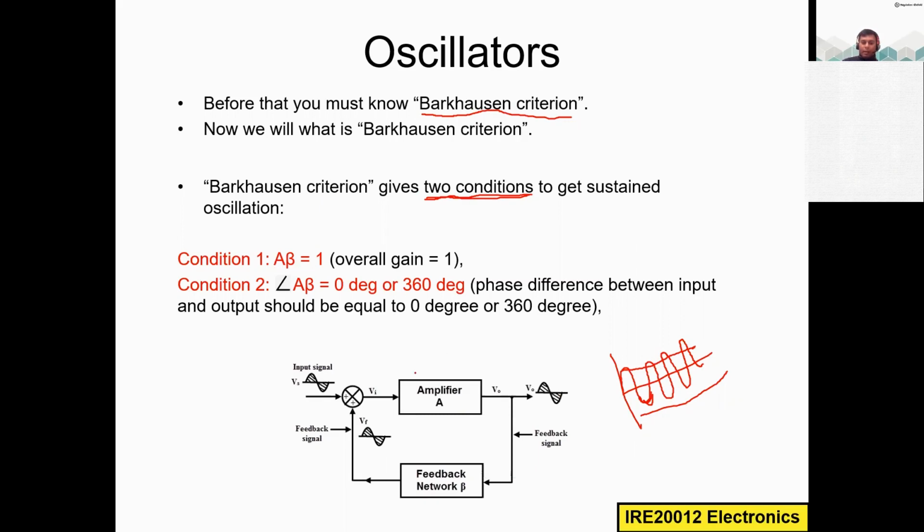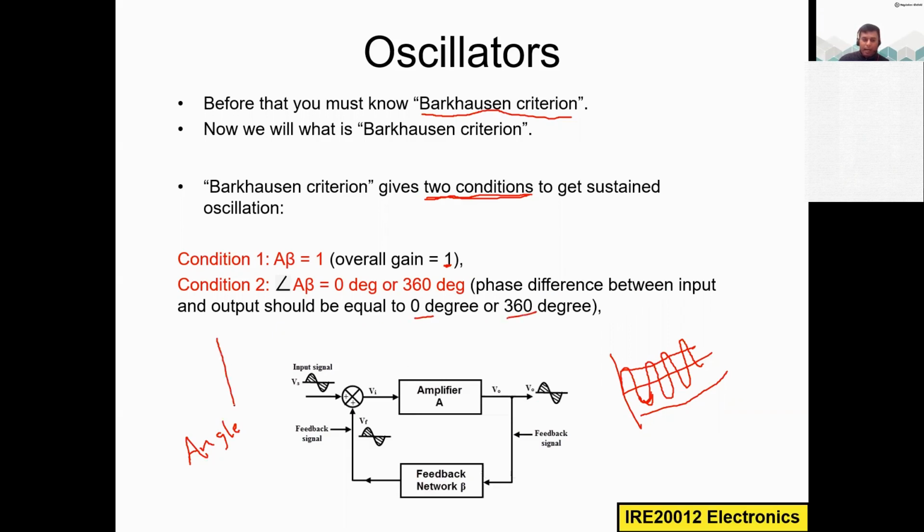It means the overall gain of these two stages, that is the gain multiplication, must be equal to 1. And condition 2 is the angle. This is angle, not angel. So this angle must be 0 degree or 360 degree. So the phase difference between the input and output must be equal to 0 degree or 360 degree.